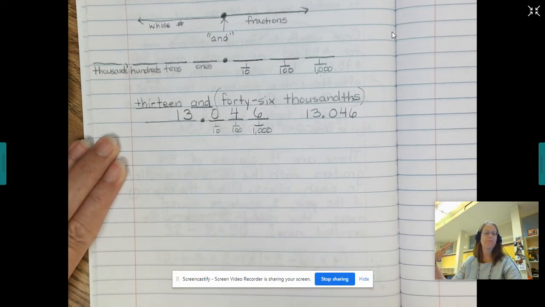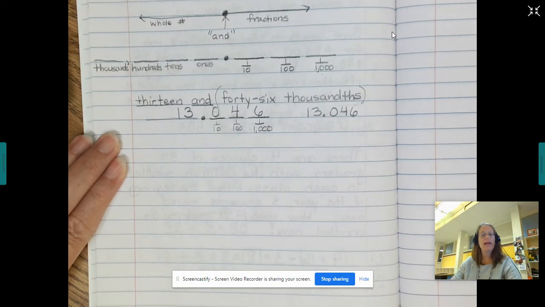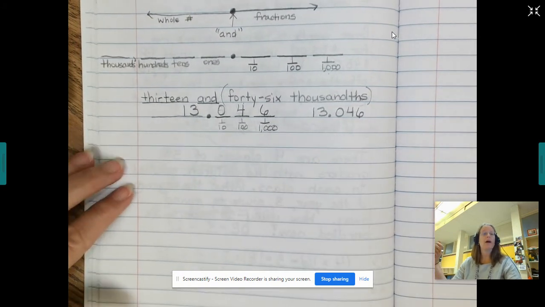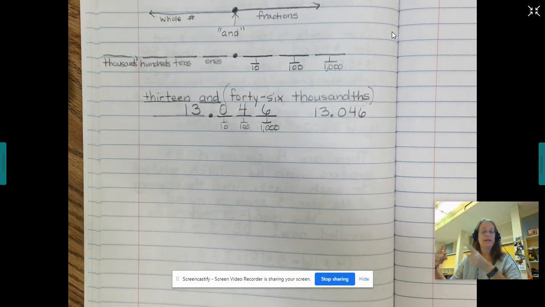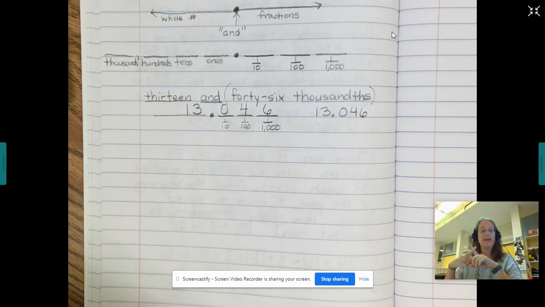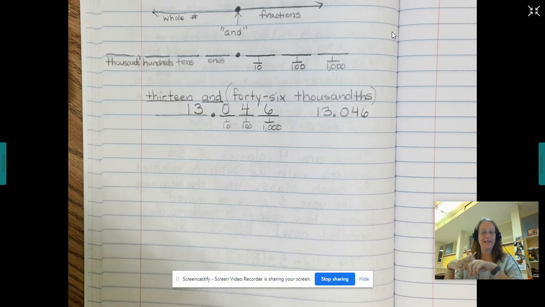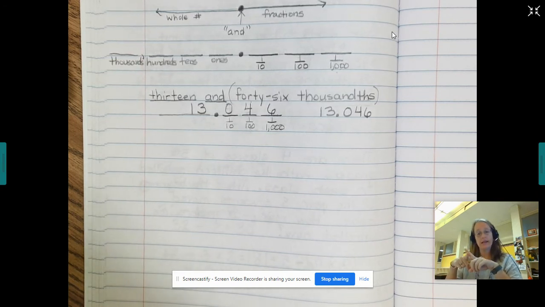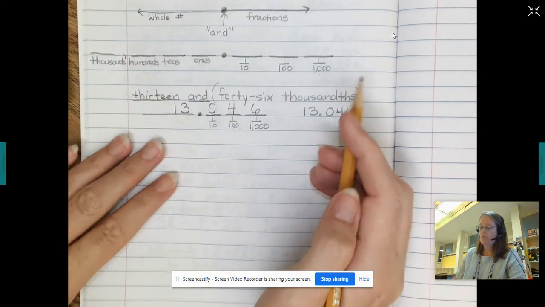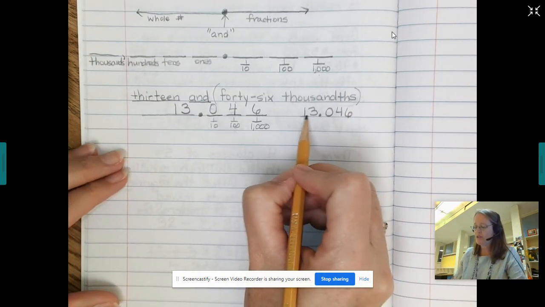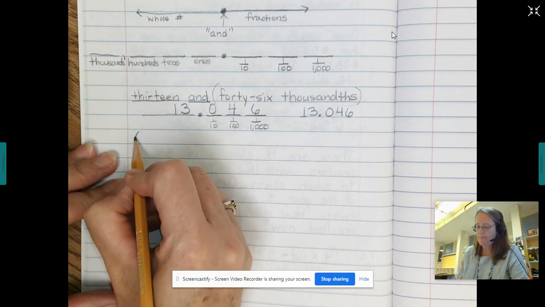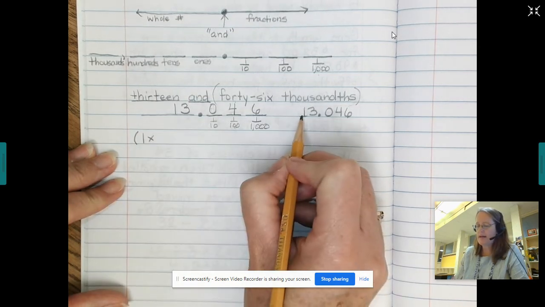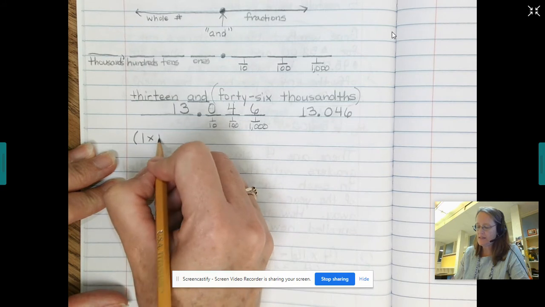Now, if you remember, expanded form, we are actually writing the digit times the place that that digit is in. The digit times the place that it's in. So, what is my first digit? It is a 1. Times, what place is that digit in? It's in the tens place.